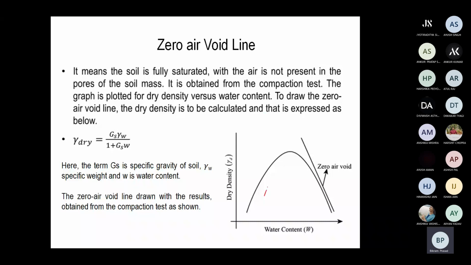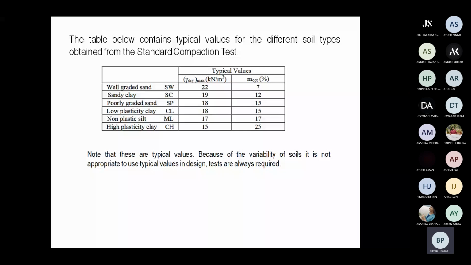So the table below contains typical values for the different soil types. You can also remember these values, or they are given in the numericals we have provided. So these are the soils. You must also remember how to take the names.